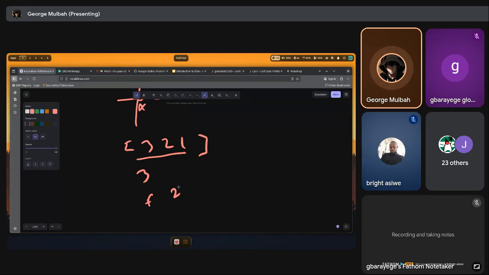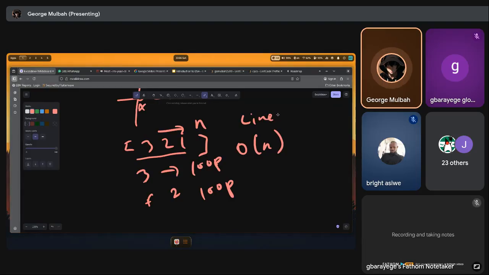This thought is fine, but if you have a loop here and then another loop here, in case the number we gave you is n, which means the set is very large, you will realize quickly that your algorithm is running in linear time.